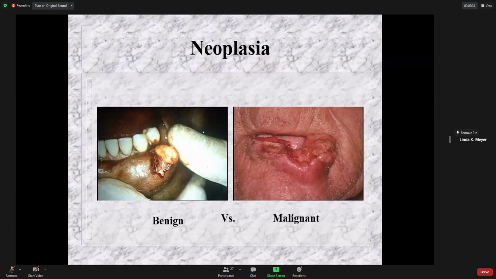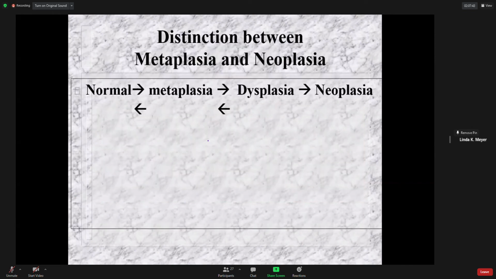I had shown you this the other day, that neoplastic diseases are characterized by benign and malignant tumors. And tying this in with metaplasia, up there it just says the distinction between metaplasia and neoplasia. So here's normal, and if there's an injurious stimulus, for example, smoking or acids from the stomach, it leads to metaplasia.